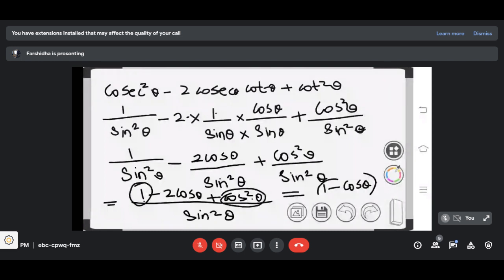When you expand this one, (a minus b) whole square, you will get 1 minus 2 cos theta plus cos square theta. So I can factorize this term as (1 minus cos theta) whole square divided by sine square theta.